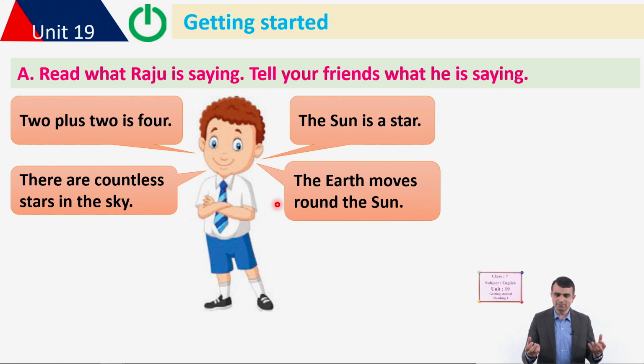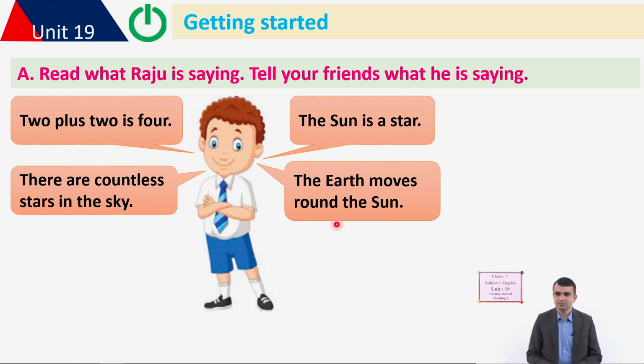Can you read them? Yes, 2 plus 2 is 4. Next, there are countless stars in the sky. Similarly, the sun is a star. And finally says, the earth moves around the sun.